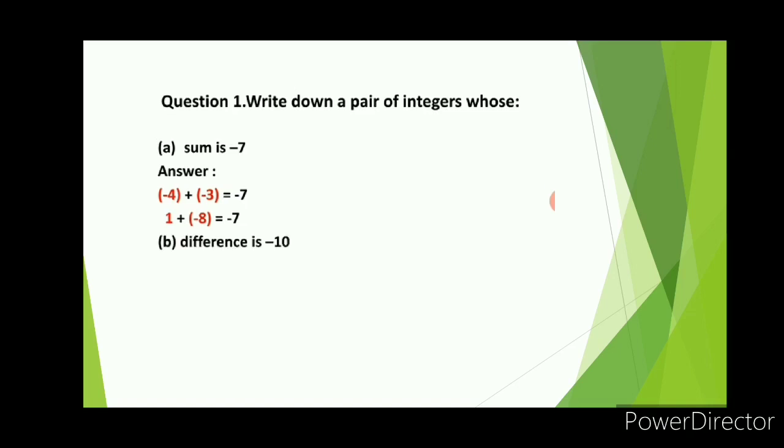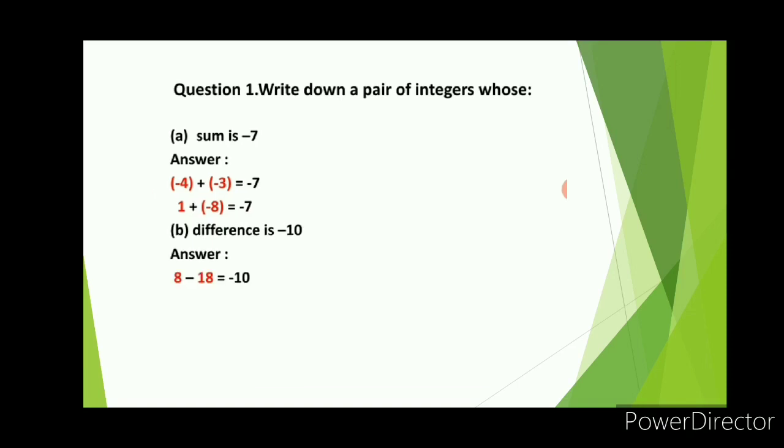Next one, difference is -10. Again we have to write a pair of integers. Its difference is -10. In between the two integers there should be a minus sign. See, 8 minus 18.